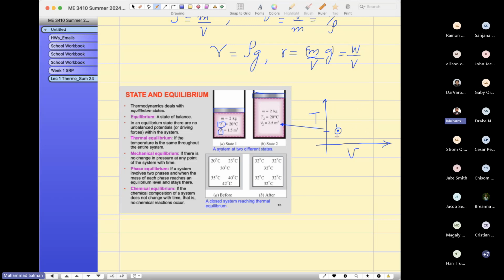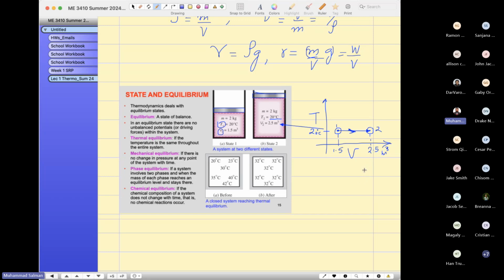At location one, the temperature is 20 Celsius and the volume is 1.5 meter cubed. And the next time it is 20 Celsius, the temperature remains constant, it does not change, and the volume increases to 2.5. Okay guys, if I draw the line joining these 2 points, this is the process direction. The process is going from state point 1 to state point 2.